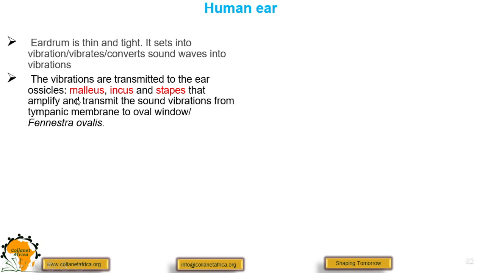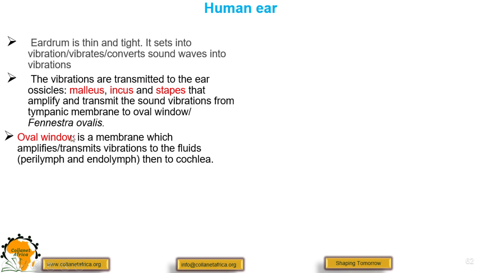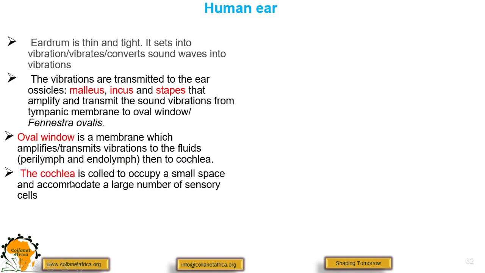So these ossicles are the ones amplifying and transmitting the sound vibrations from the tympanic membrane to the oval window. The oval window is a membrane that also magnifies and transmits vibrations into the fluids of the cochlea, which are perilymph and endolymph.